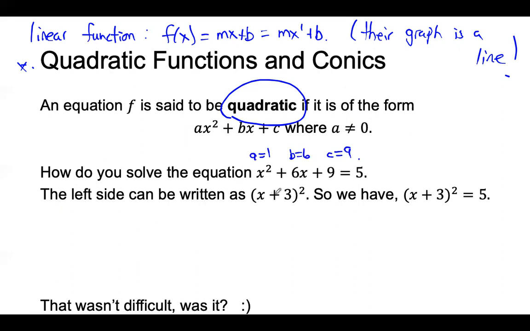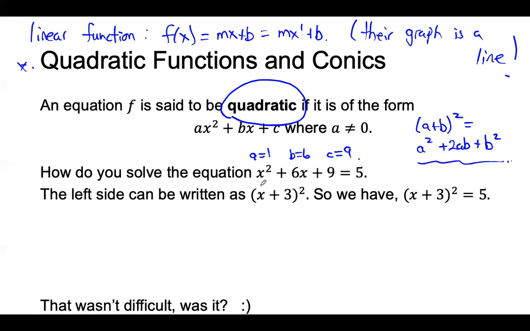We remember from previously that a plus b squared equals a squared plus 2ab plus b squared. We can use this to solve this equation.